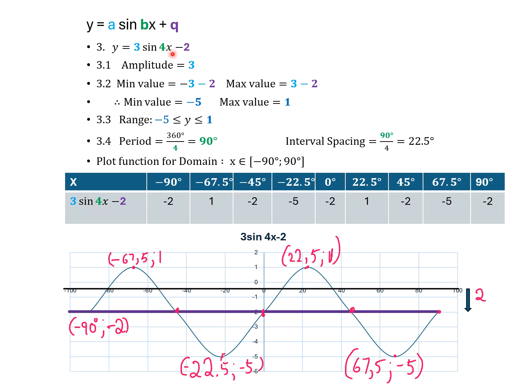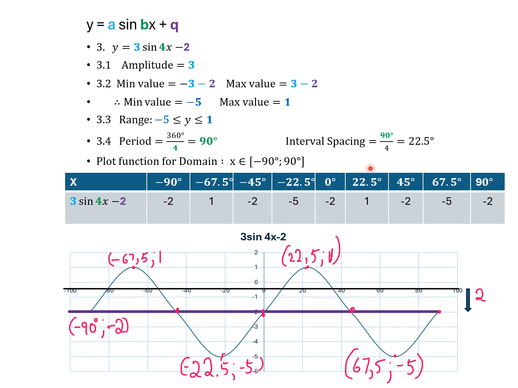And if I take negative 90, I get negative 2. That's 4 times negative 90, which gives me negative 360, sine is 0, times 3 is 0, 0 minus 2 gives me negative 2. I assume on a calculator you will figure out how to calculate that. You can stop and calculate on the calculator to verify you get those values.